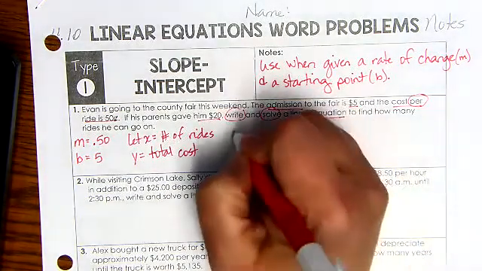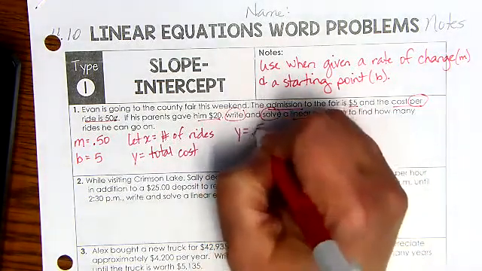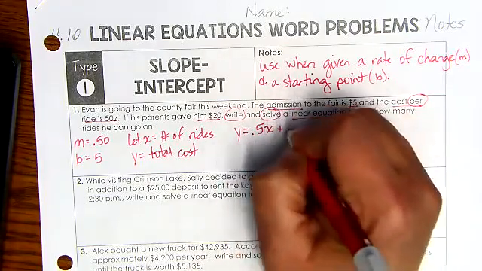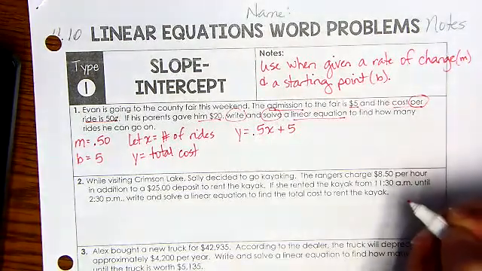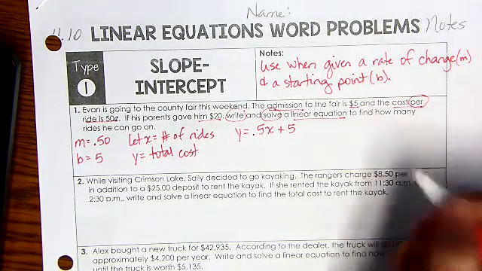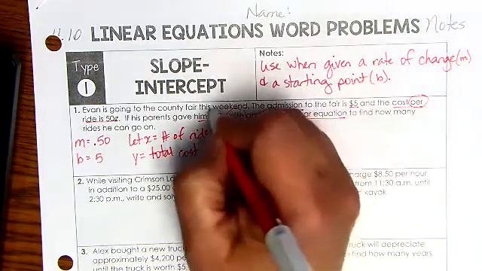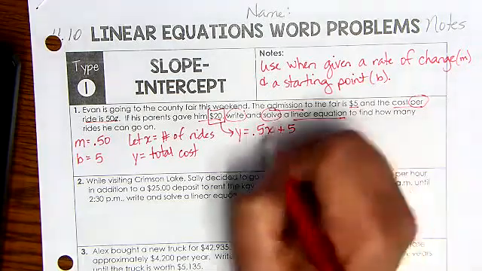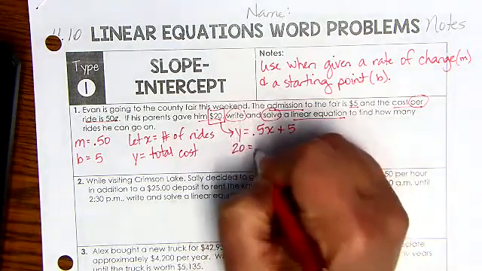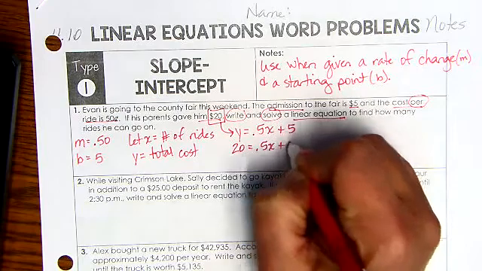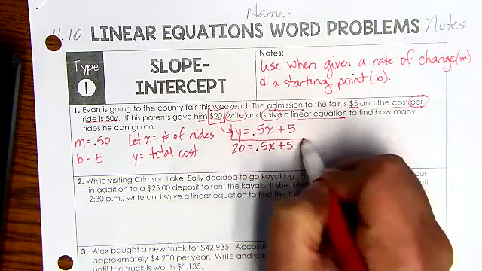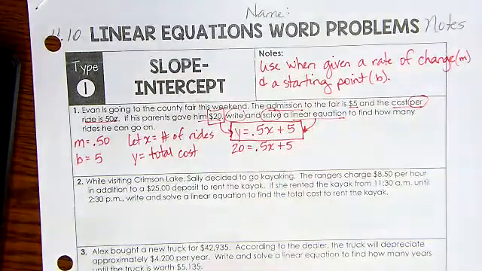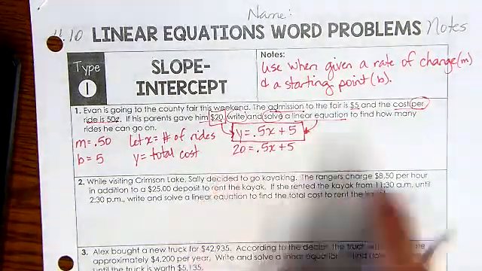So I'm going to have Y equals 0.5, or you could do 0.50x plus 5. Now, in order to solve this, I'm going to take this $20 and plug it in for Y. So I'm going to have 20 equals 0.5x plus 5. This is the equation that you write, and now we solve.